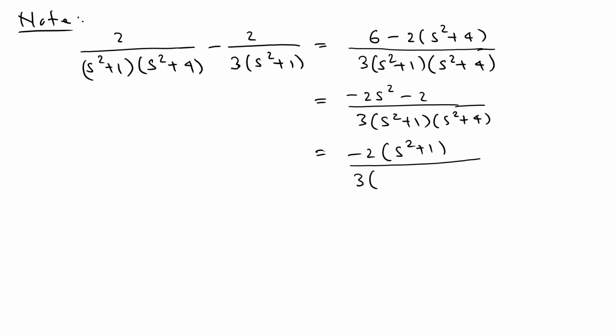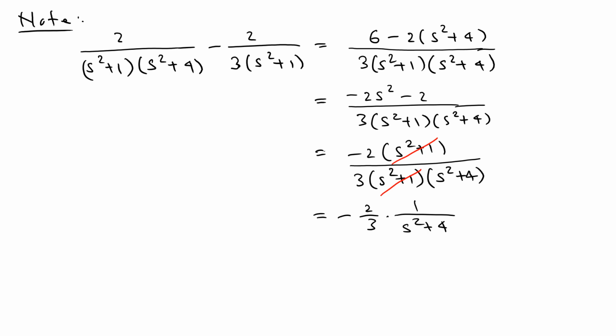Now, we have 3 times s squared plus 1 times s squared plus 4. So what happened? This term gets cancelled. See? So that means you simply end up getting negative 2/3 times 1 over s squared plus 4.